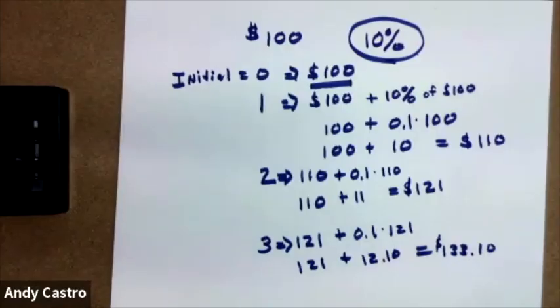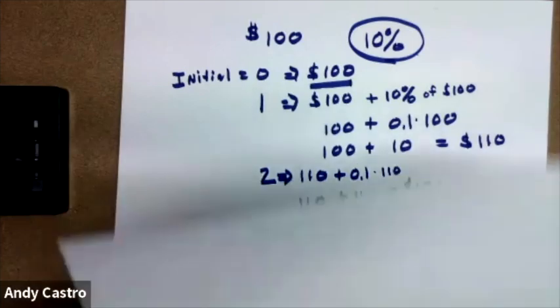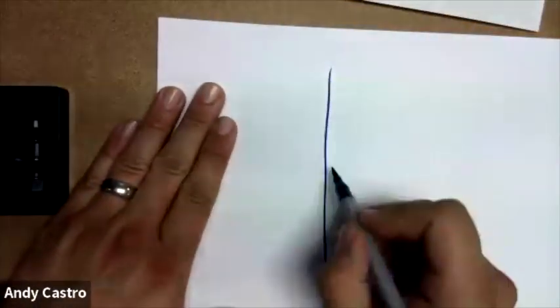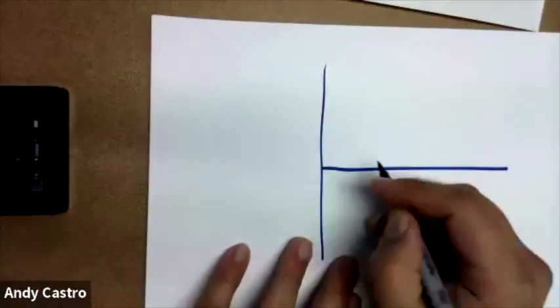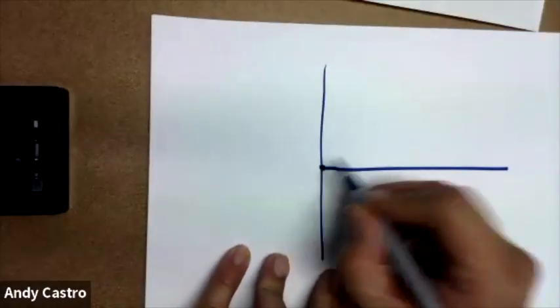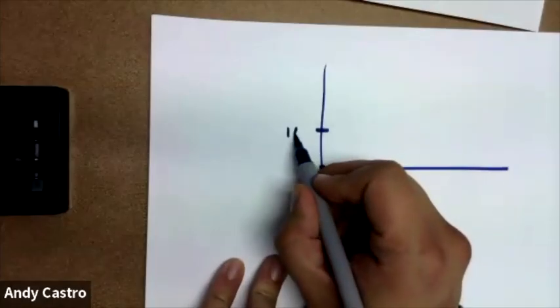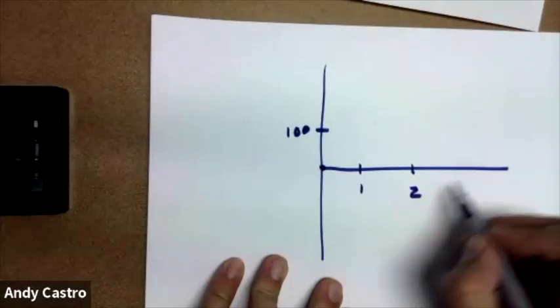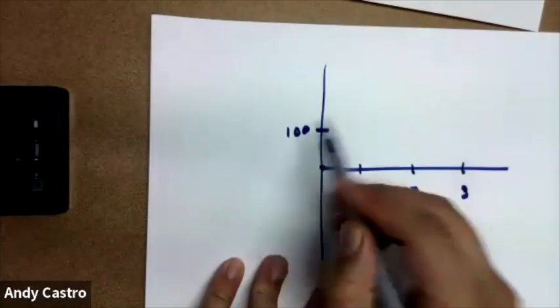Okay. And this is what we call exponential growth. Okay, if we were to sort of graph this on a table, okay, we'd say at year 0, we'd have $100, okay, at year 1, year 2, and year 3.